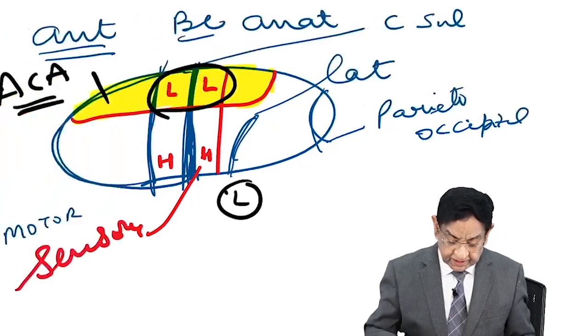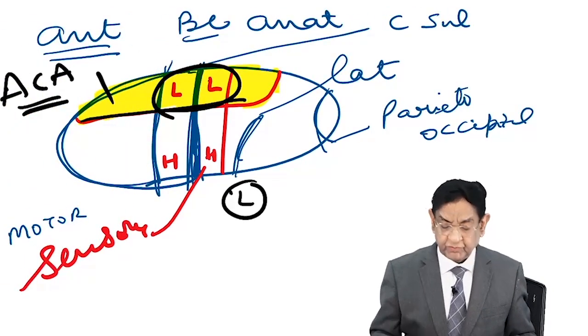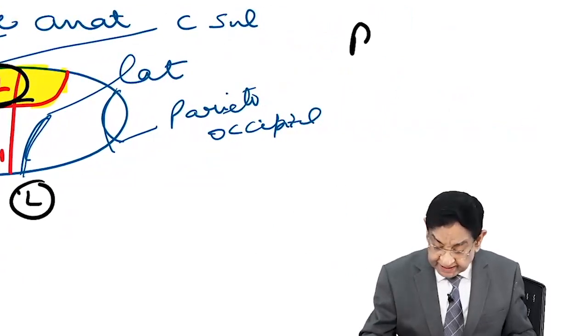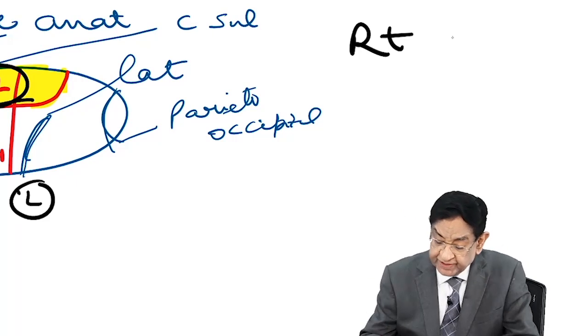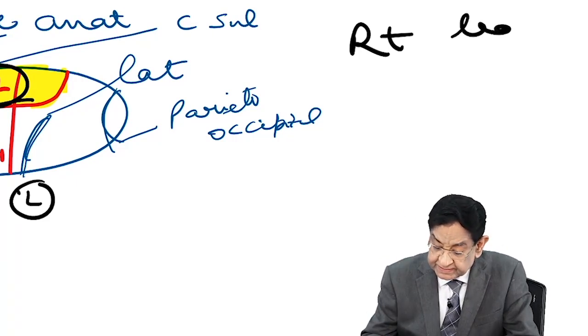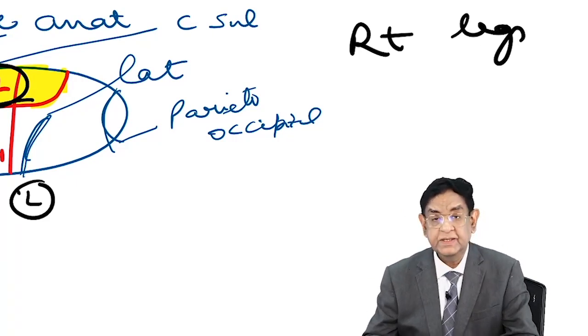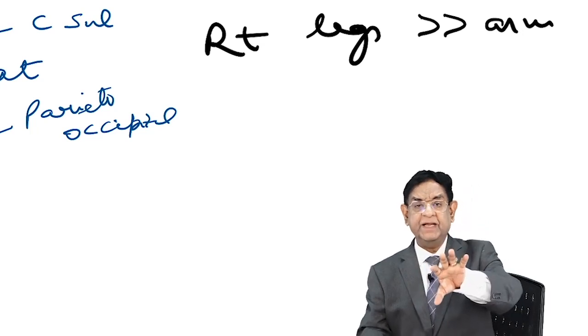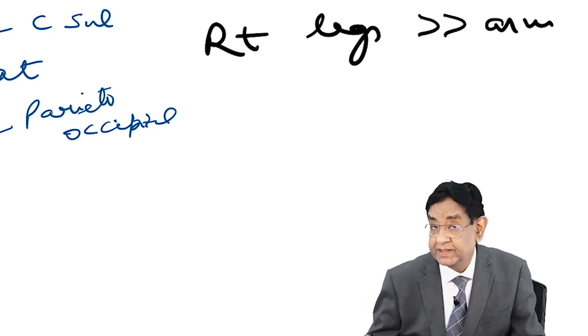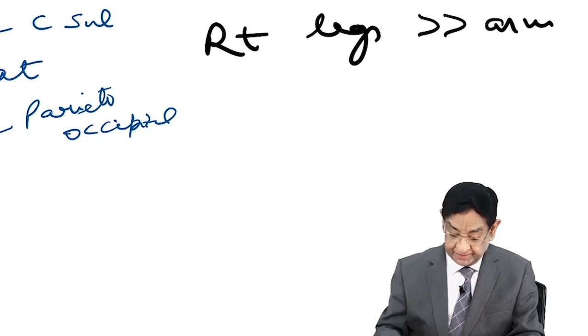If this artery is gone, what will happen? There will be right-sided contralateral weakness in the legs. Of course, leg weakness will be much more than the arms. Why? Legs are being supplied by the anterior cerebral artery.